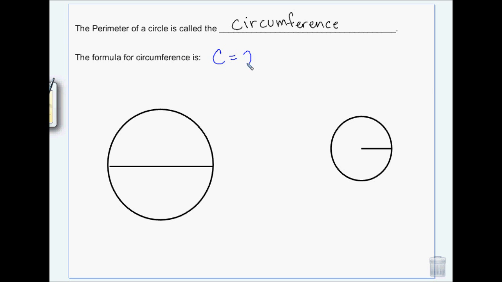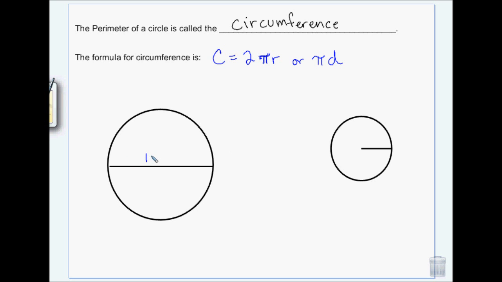You can either do 2 pi r, which is probably the one you're most familiar with, or you can use pi d, because 2 times r gives you d, because the radius is half of the diameter.